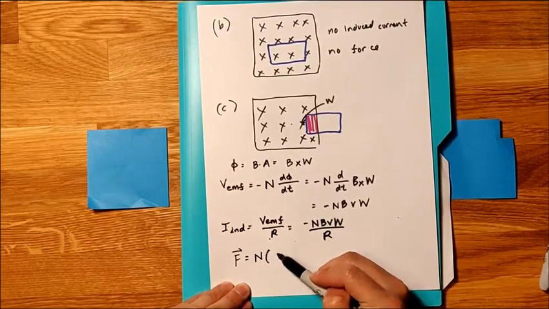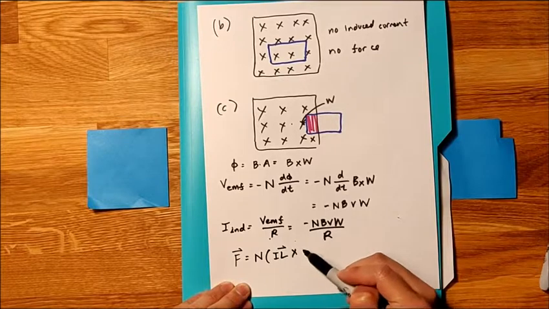And using the same formula, N times I L crossed with B.